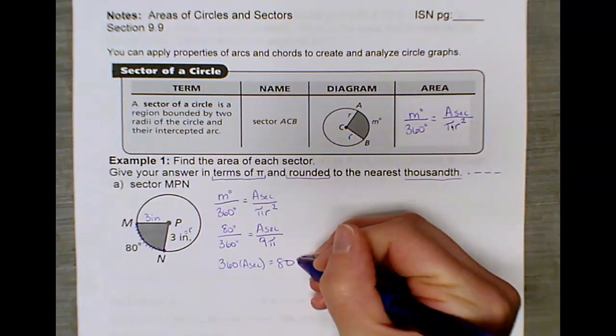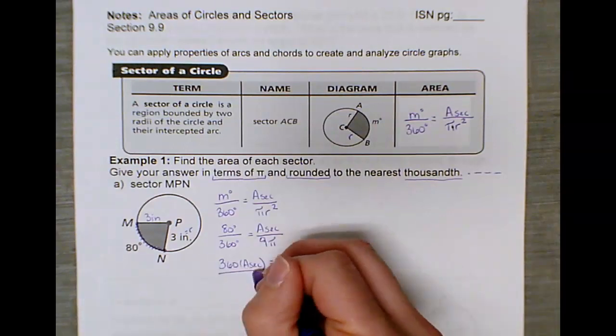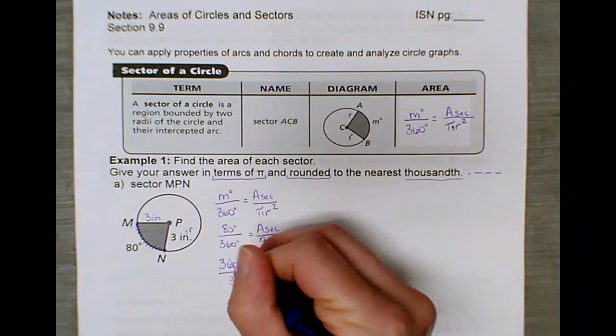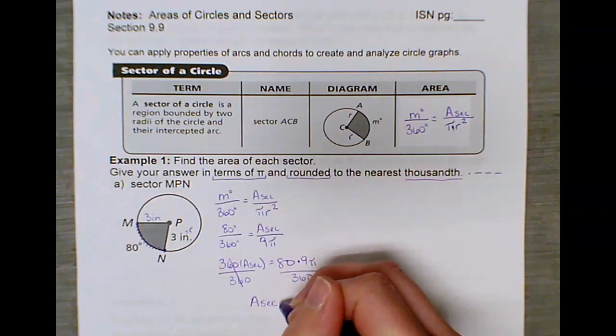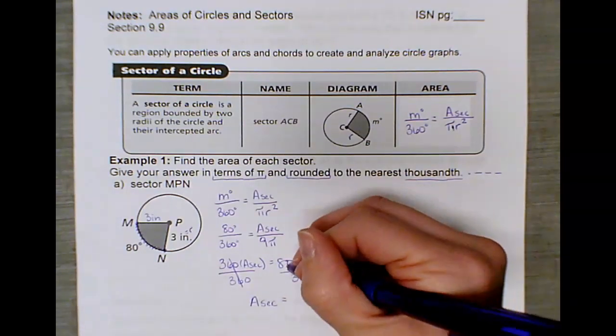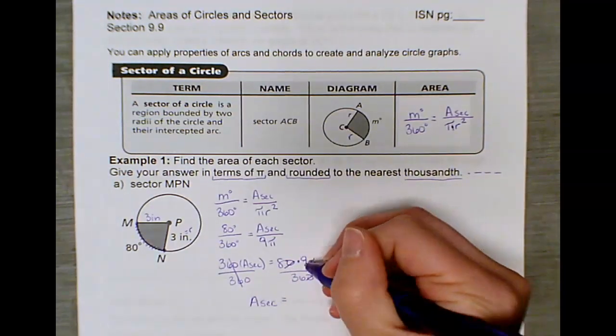I'm not going to multiply these together right now because there's no purpose to multiplying them together only to have to break them apart when you simplify. Because now I have to divide by 360 degrees. And my area of the sector, in order to get it, I have to simplify. So I might cross out my zeros. I know that 9 and 36 are both divisible by 9.